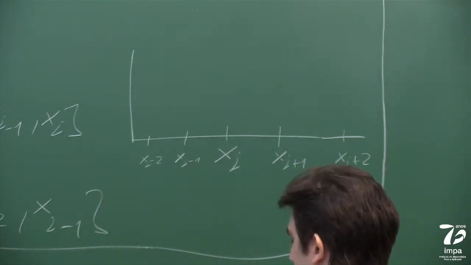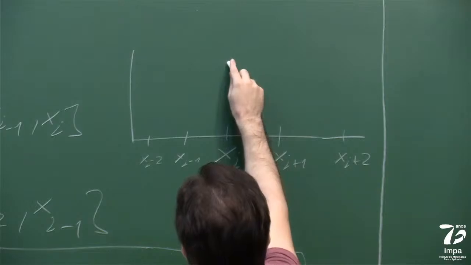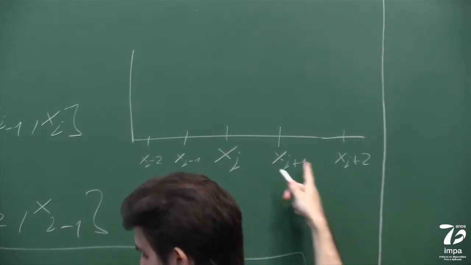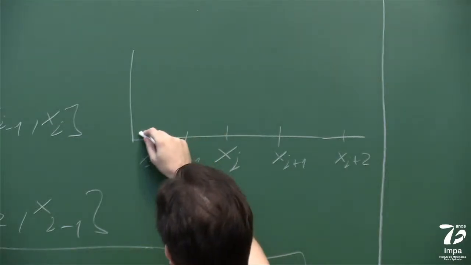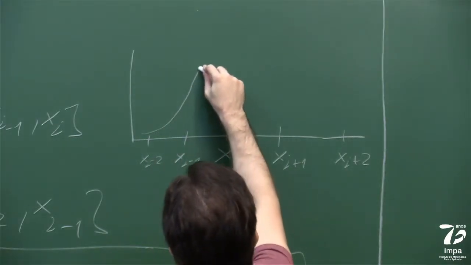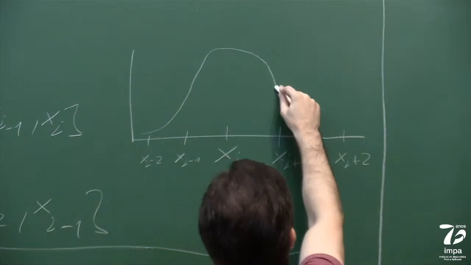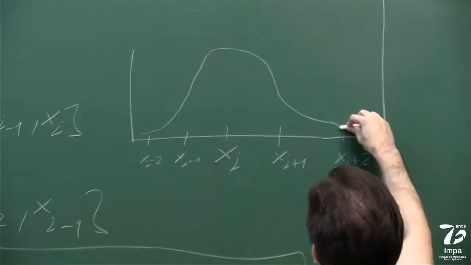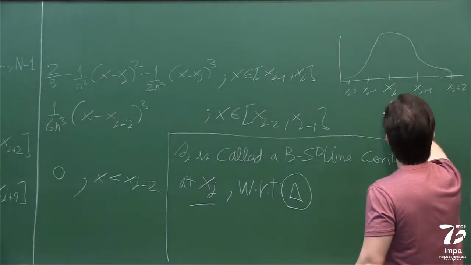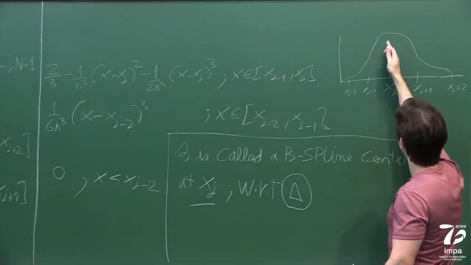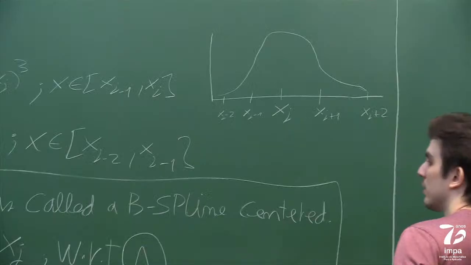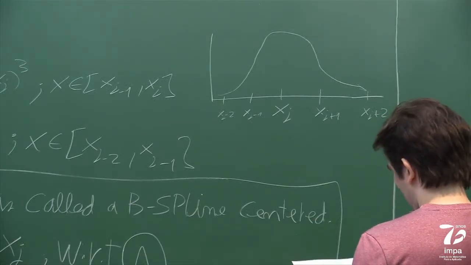And the picture should be something very smooth, which decays to the neighboring points really fast. Something like this. It reaches its peak at the center xj, and then from the neighbors it has a fast decay.